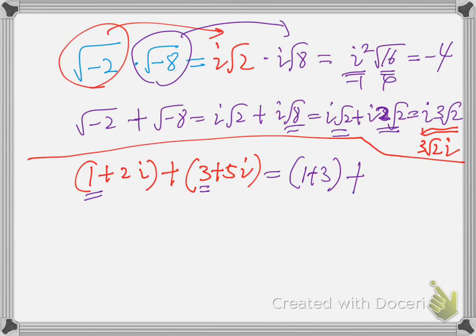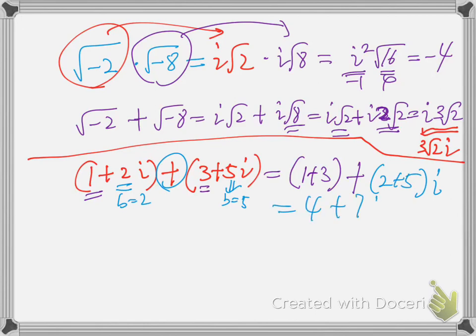And for the imaginary part, let's change to blue color, b is 2, b is 5. So this addition means 2 plus 5, b part plus b part. This is 4 plus 7i.